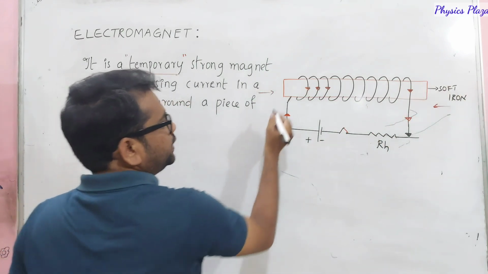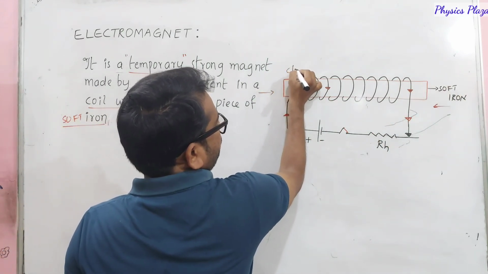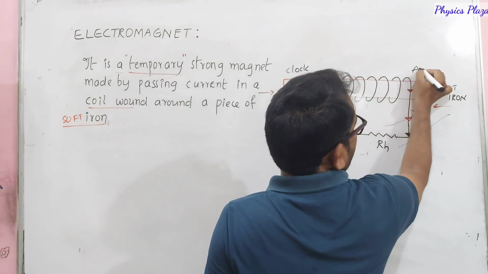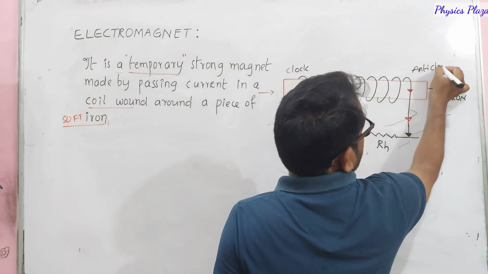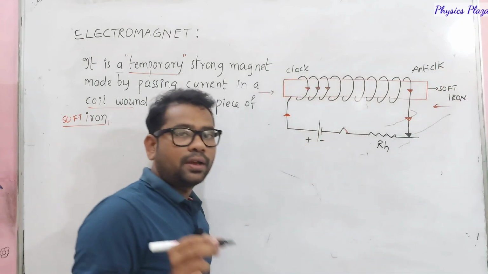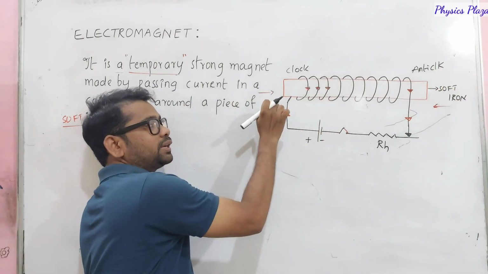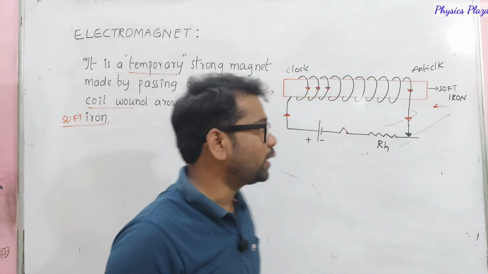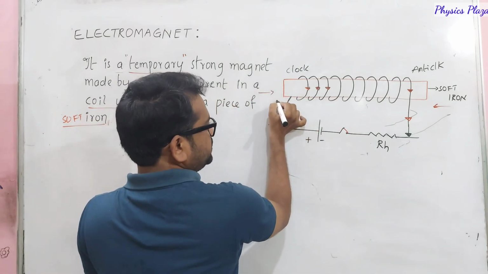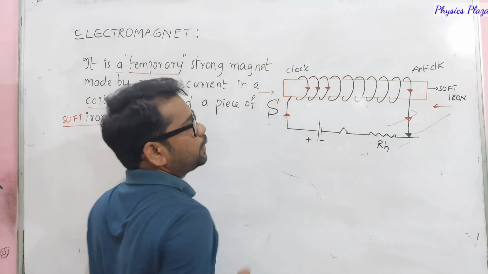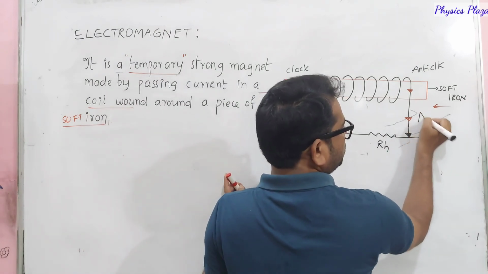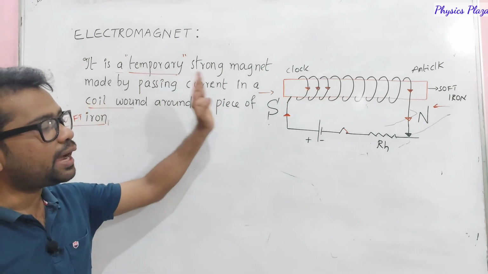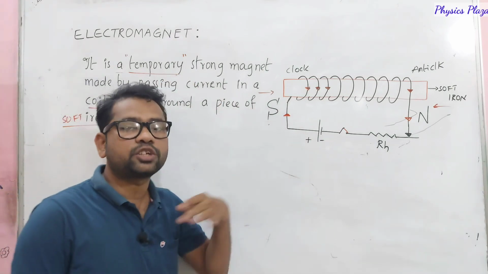So here it is clockwise direction, and here the current is leaving in anti-clockwise direction. Children, whenever we are facing the coil and the current is in a clockwise direction, that face takes south polarity. So this is south and this is going to be north, obviously. That's it. So this is how we can identify the polarity of the electromagnet.